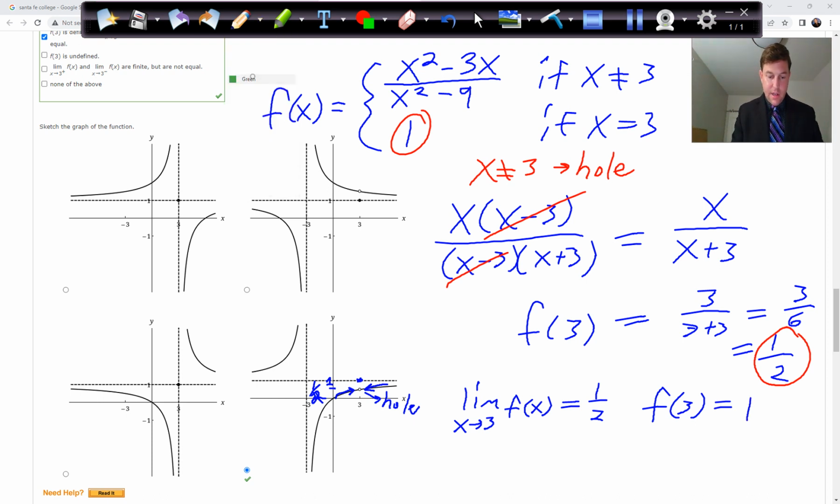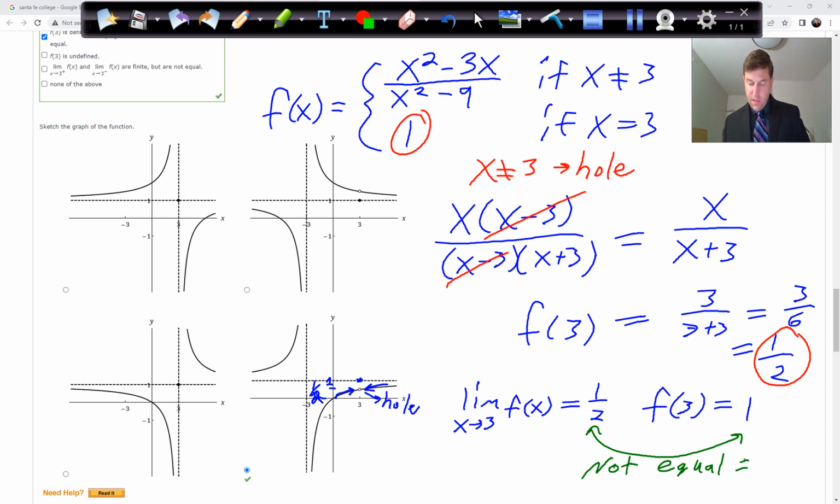And these are not equal. Because those are not equal, we say the function is not continuous at that x value. So because of this, f at the value of x equals 3 is not continuous.